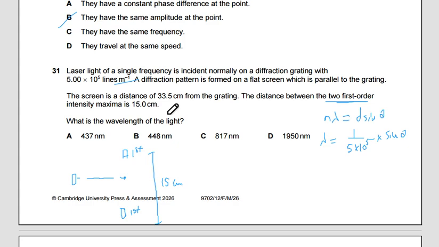So if we want to find theta, we simply draw it and find that it is 7.5 centimeter divided by the distance from grating to the screen, which is 33.5. Okay, this gives tan theta.